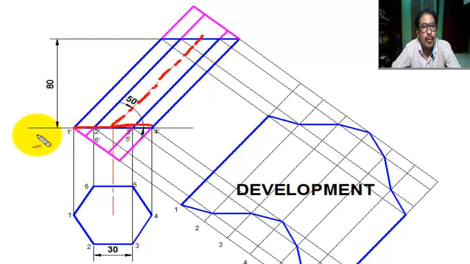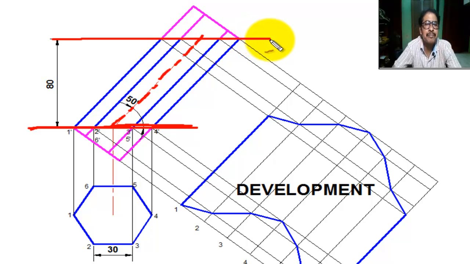Now draw a horizontal line, parallel to the XY line, 80 millimeter apart.